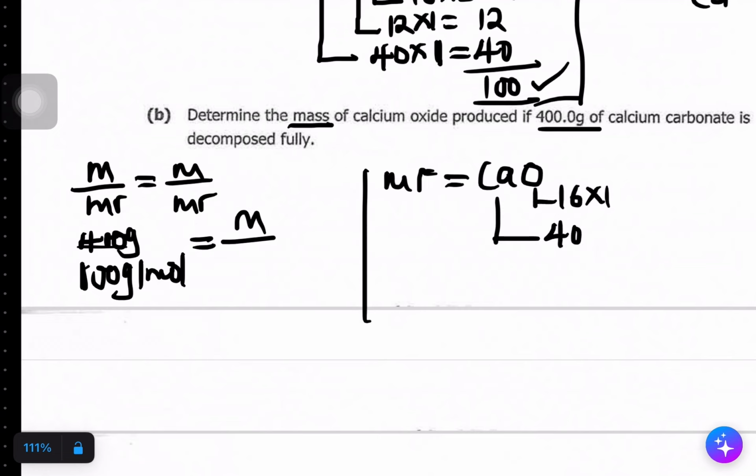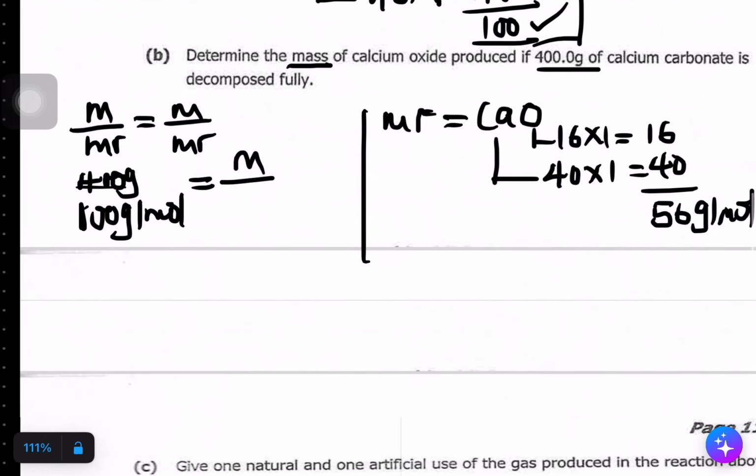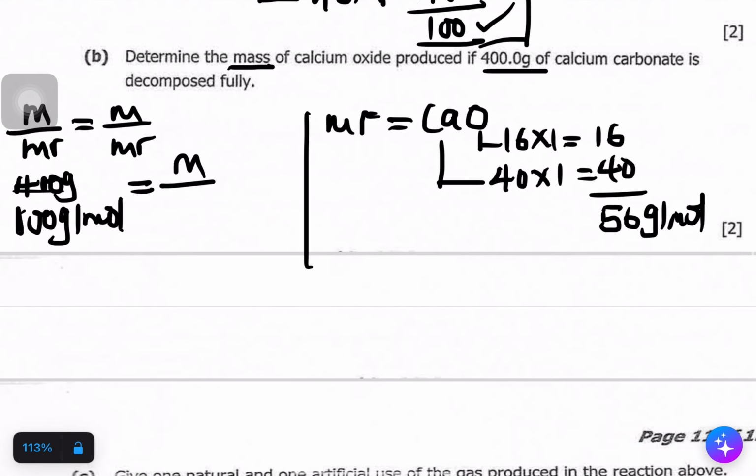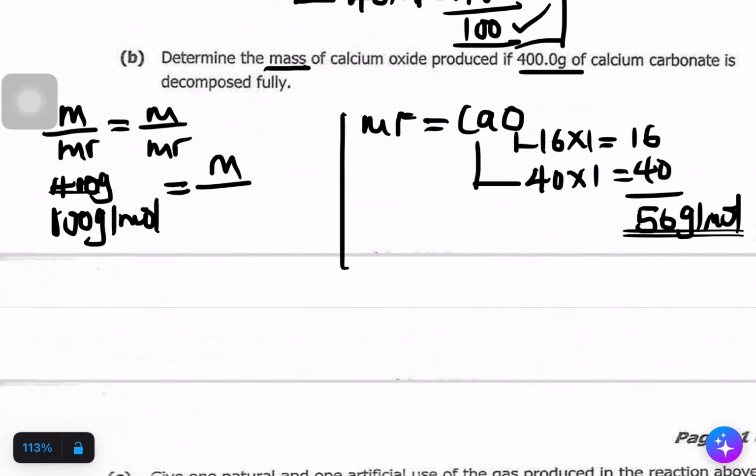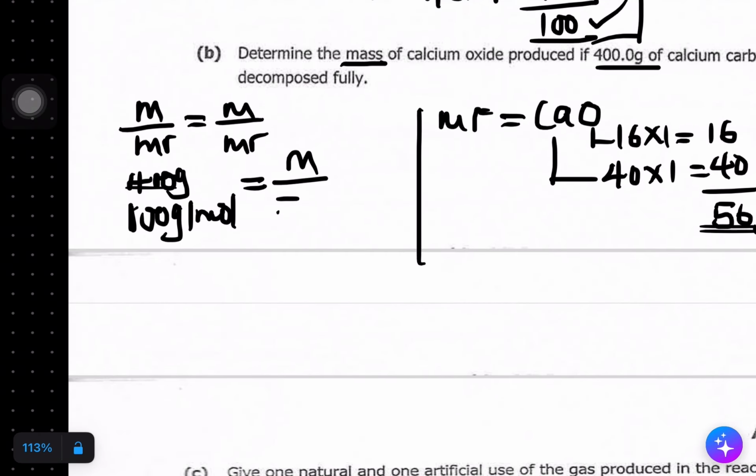So 40 times 1 plus 16 times 1, when you add 16 plus 40, we get 56 grams per mole. Upon getting 56 grams per mole, we can apply it in the formula.